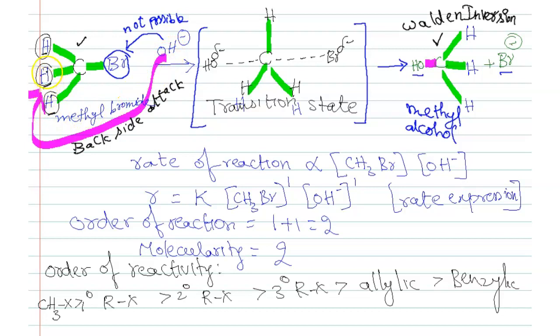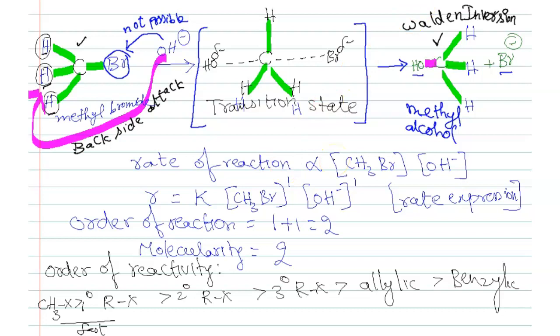Suppose instead of hydrogens you take a CH3 group, bulkiness increases. Bulkiness increases means the space available for attacking is less, so attacking will be very slow. In case of primary alkyl halide or CH3, these are very fast, and fast reactions are possible.